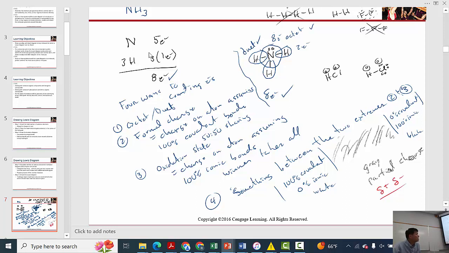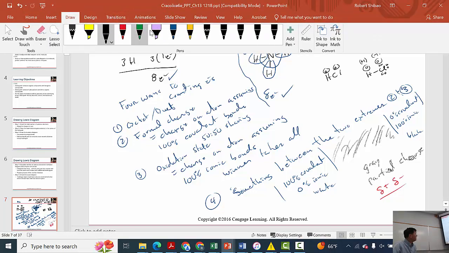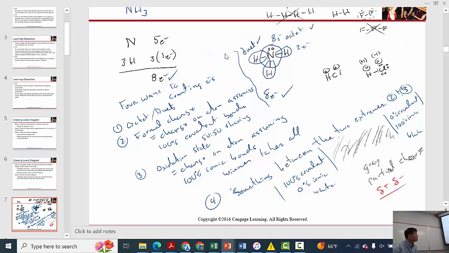If I do the oxidation states, the oxidation state is +1 for hydrogen and -1 for chlorine. But it's not 100% covalent because chlorine is more electronegative than hydrogen. But then again, it's not 100% ionic because chlorine doesn't have enough strength to completely strip the electron off hydrogen.